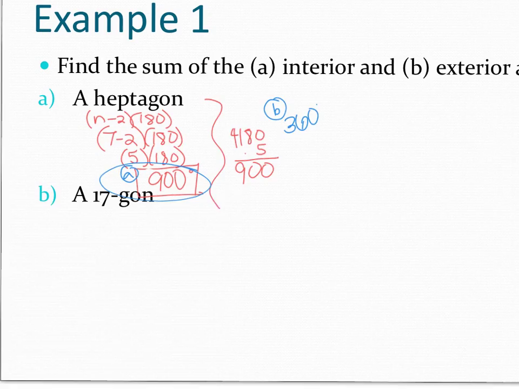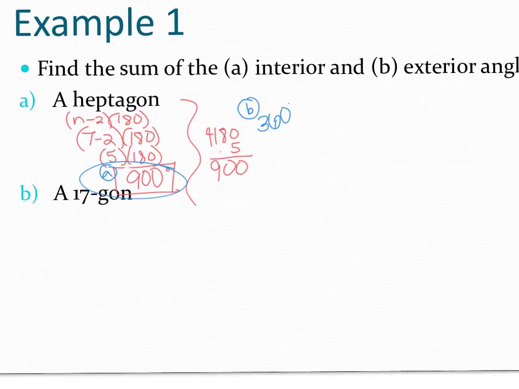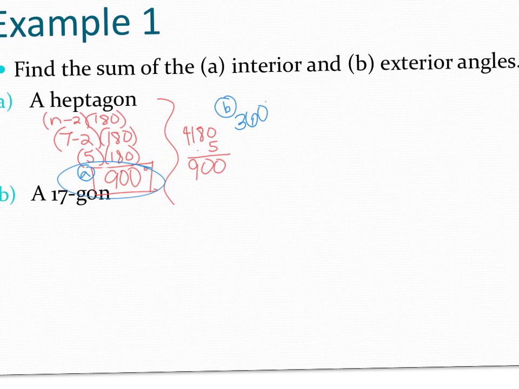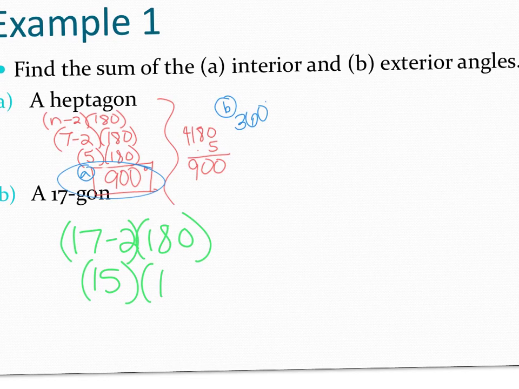Okay, B, same process, different number. So this time I get 15 times 180.